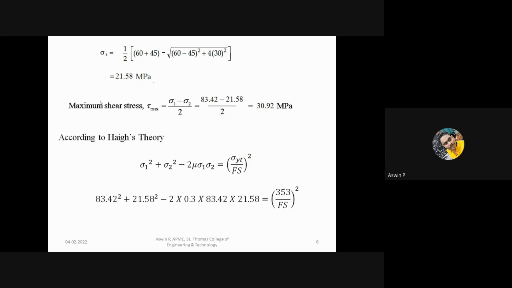What is the value of factor of safety? Have we completed this? Please calculate and tell me the factor of safety.